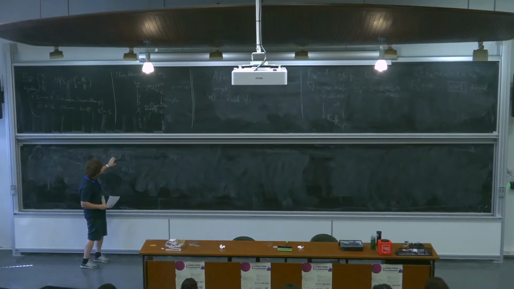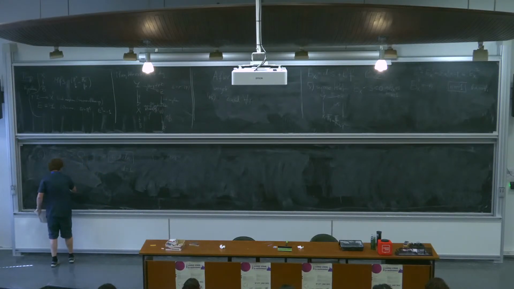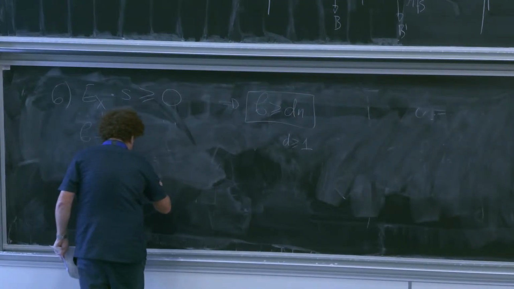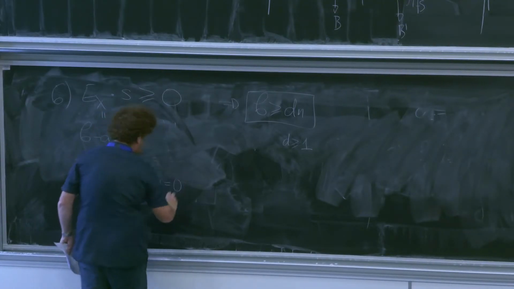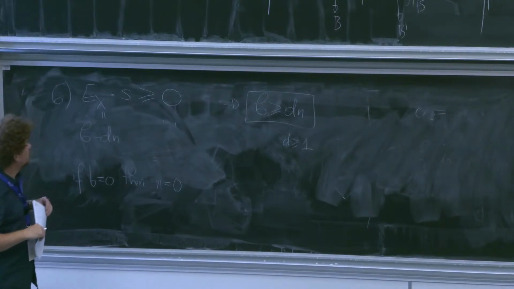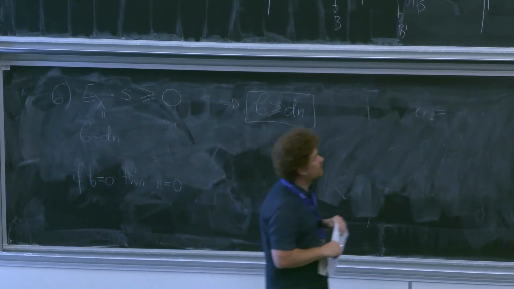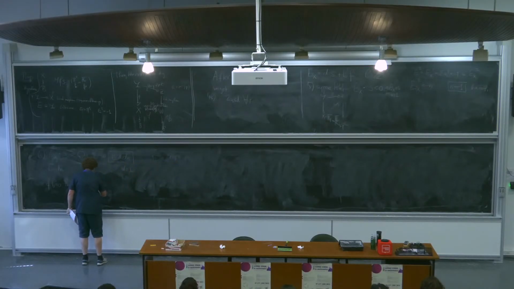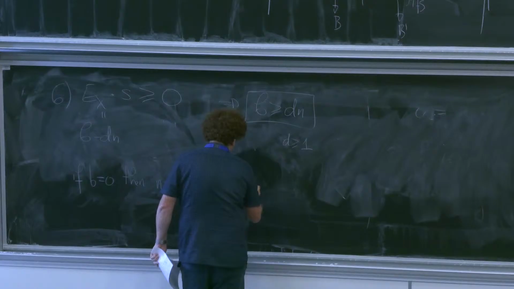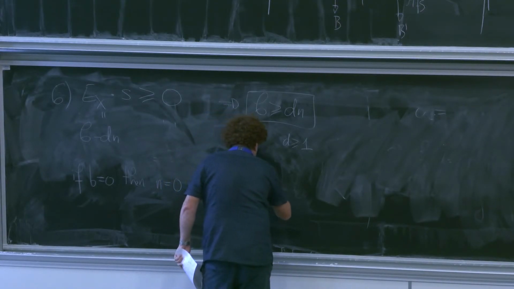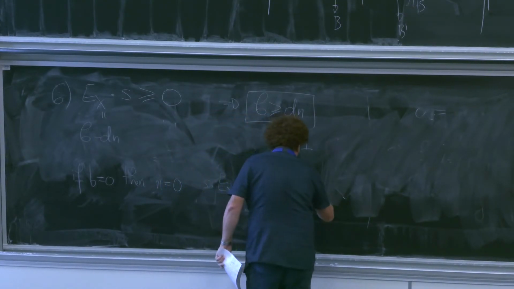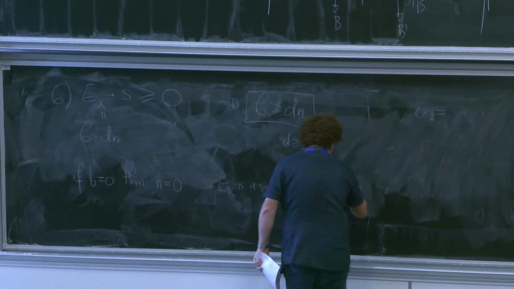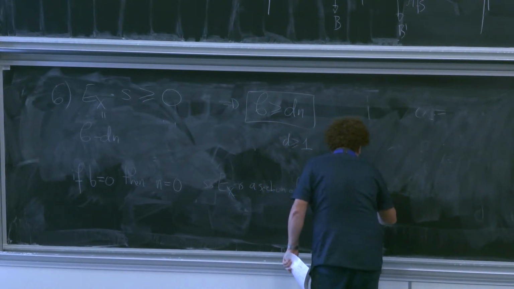So if b equal to 0, it means n equal to 0. So now you have a curve in P1 cross P1, which is equivalent to a multiple of the section, so it has to be a section of self-intersection 0. It is because it's irreducible. That is a fiber of the other projection.